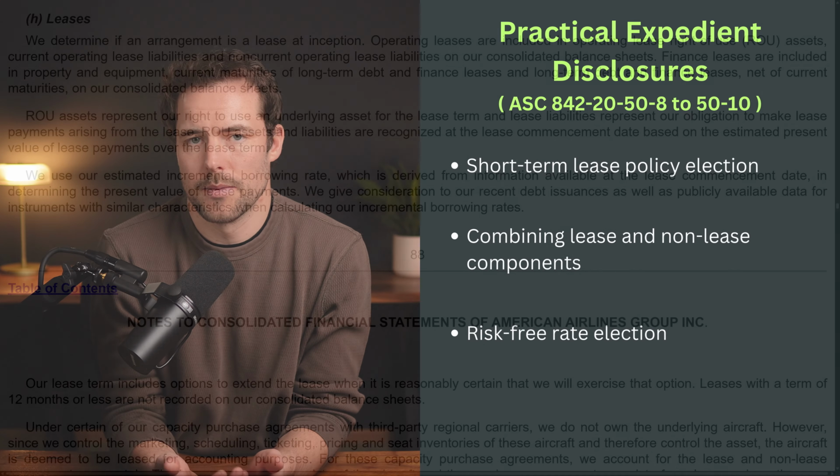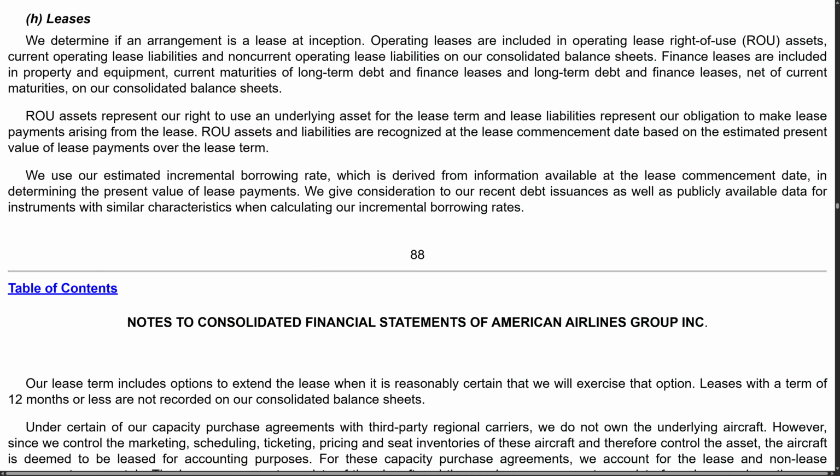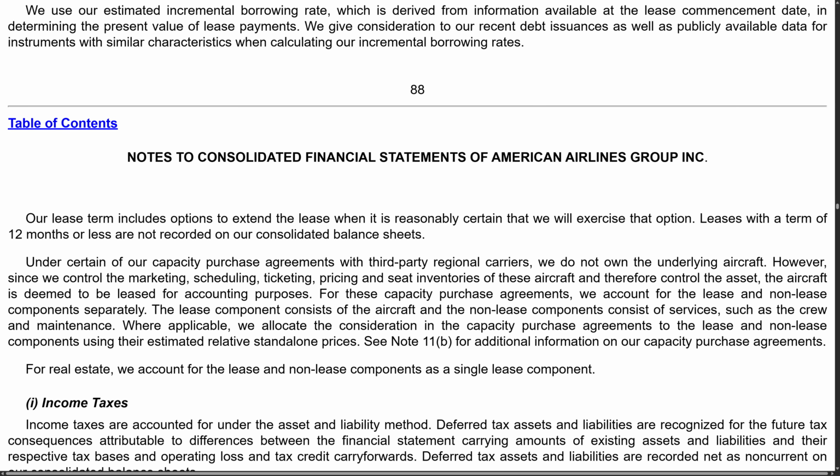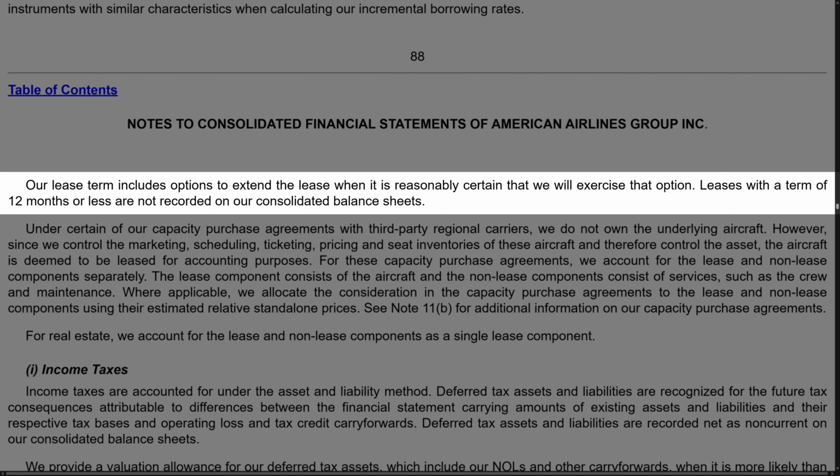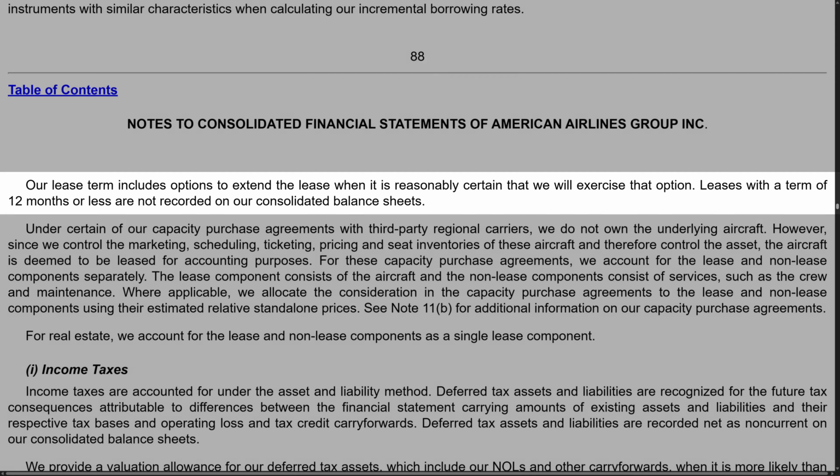So to finish this episode, let's look quickly again at how American Airlines and Best Buy approach this in their 10-Ks. They do so in a similar fashion. In their accounting policy footnotes, American Airlines states that leases with a term of 12 months or less are not recorded on the balance sheet, indicating that they elect the short-term lease practical expedient.